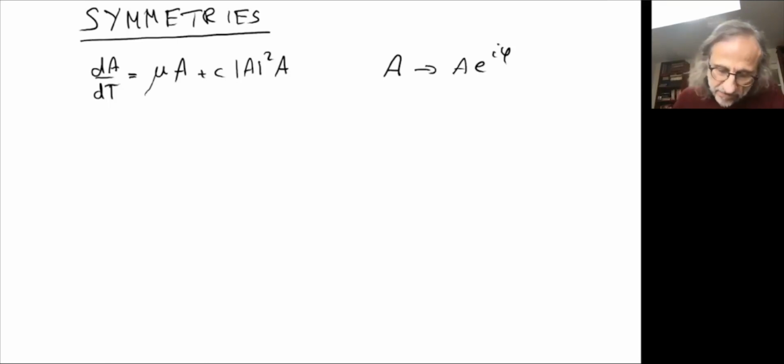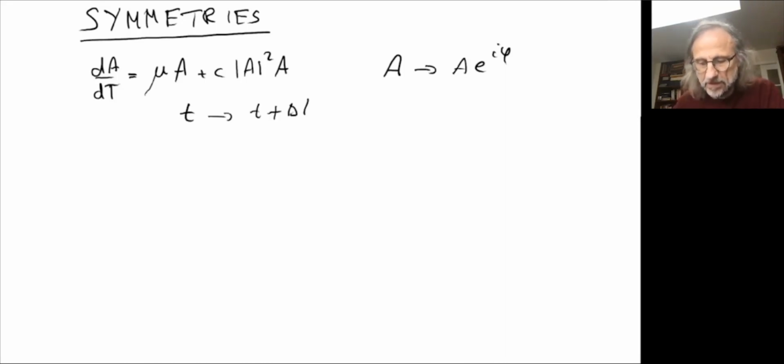We'll see that this is related to the fact that the original equations were independent of time, meaning they were constant coefficients that were invariant under time translations. So when we have t going to t plus delta t, that induces, as one says, this action on the amplitudes.